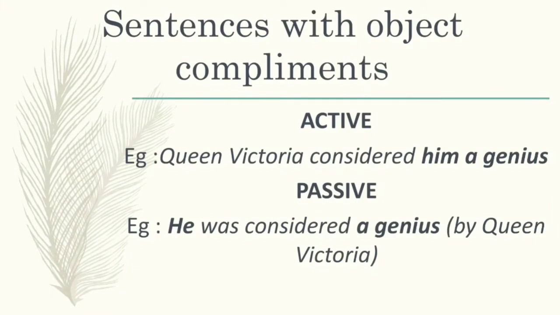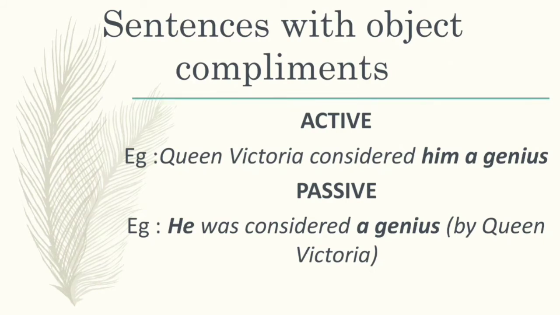So, how can we make such a sentence into passive? They can become passive like he was considered a genius by Queen Victoria. The by agent is optional. You can use it or cannot use it. So he was considered a genius by Queen Victoria.